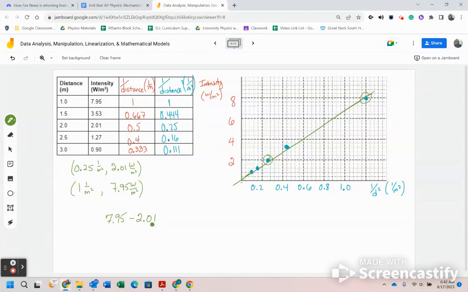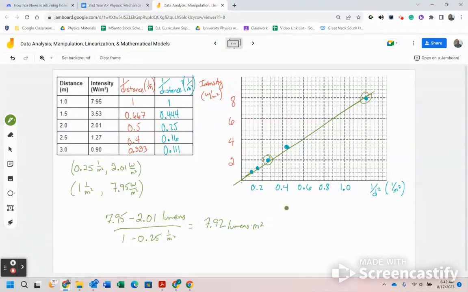So 7.95 minus 2.01 divided by 1 minus 0.25. It's 1 over meter squared. So when we look at this, we find the slope to be 7.92. And the units here would be lumens times meter squared.